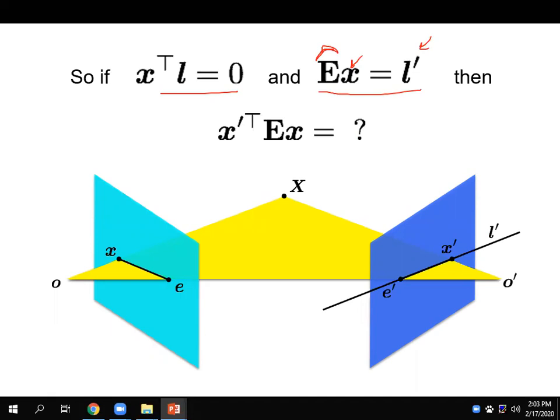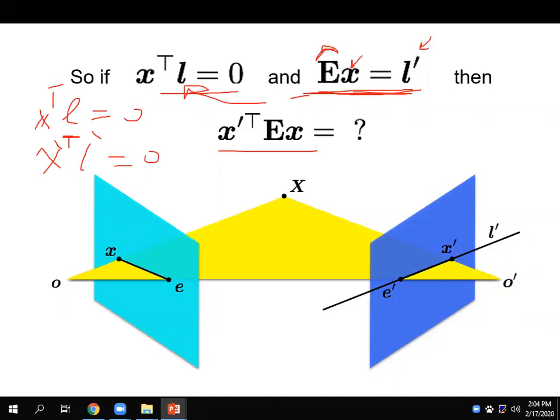If you plug this here, you will end up with this. Why? Because X transpose L is equal to 0, but also X dash transpose L dash will be equal to 0, correct? The same things. You can apply this to the right or to the left.